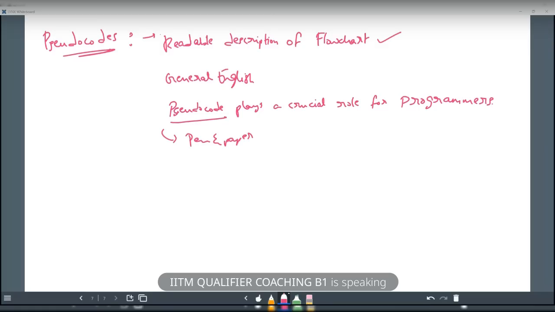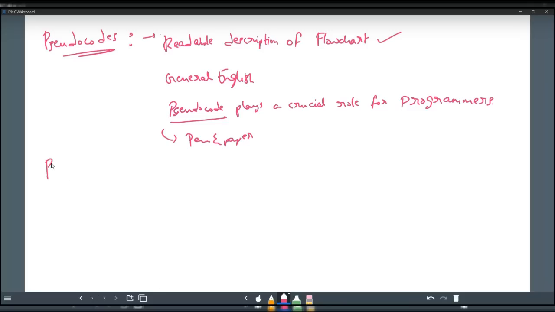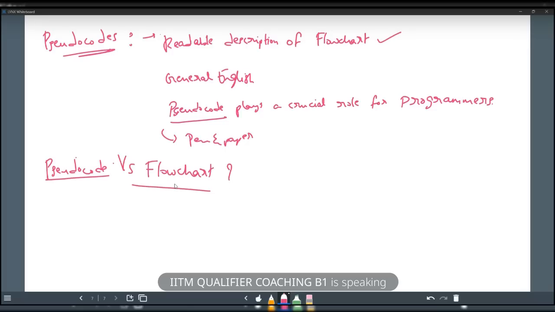Now, can someone tell me why pseudocode is much preferred over a flowchart? Pseudocode can be directly translated into code. It's easier to translate into code. Pseudocode versus flowchart, which is better?